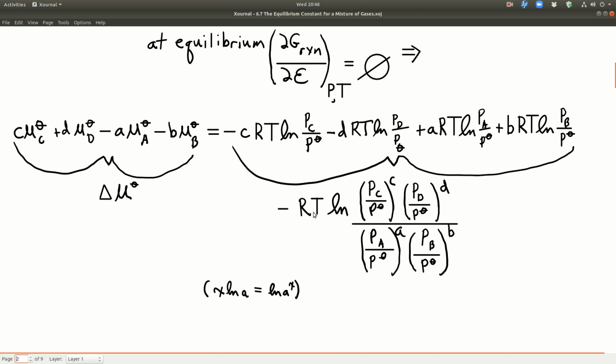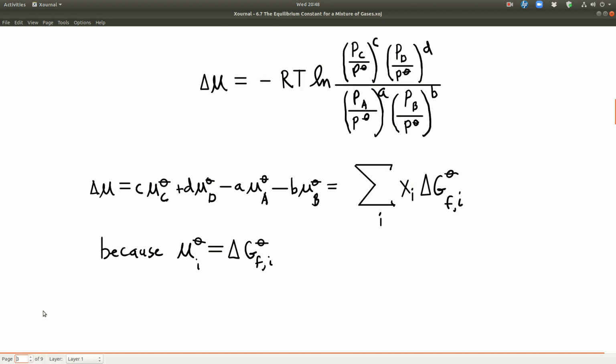Pull out the negative RT. Then we're going to have natural log of the ratio of the partial pressures of the products raised to the power of their coefficients, to 1 bar, over the reactants in the same way. So at equilibrium, we know that delta mu, the change in chemical potential, is equal to negative RT natural log of this ratio, where this is delta mu.